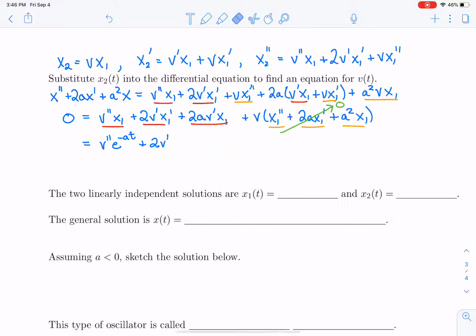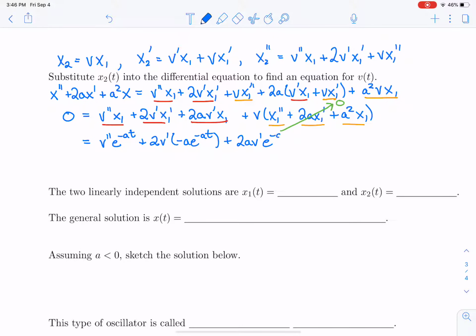I've still made a mistake here, sorry. So x1 prime is minus a e to the minus at, much better, plus, and then 2a v prime x1 is just e to the minus at.